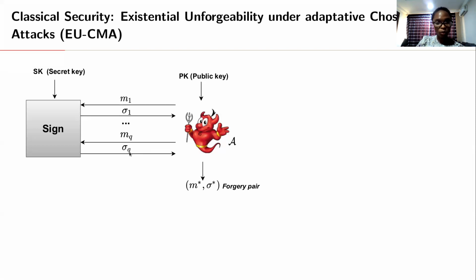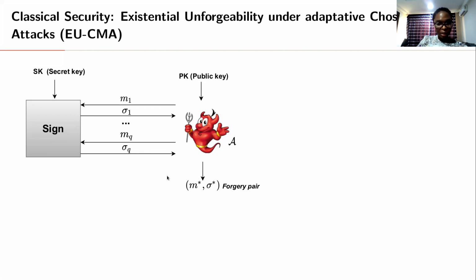Let's say for Q queries, he can make Q queries to the challenger, the signer, and get back the signatures. He uses those signatures to learn some information about the secret key and come out with his own message and signature pair.